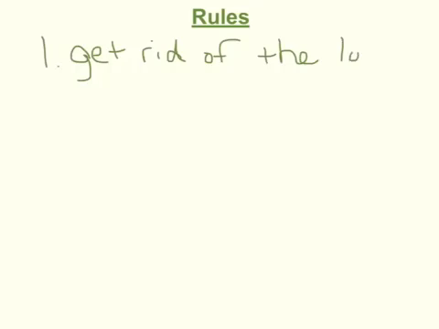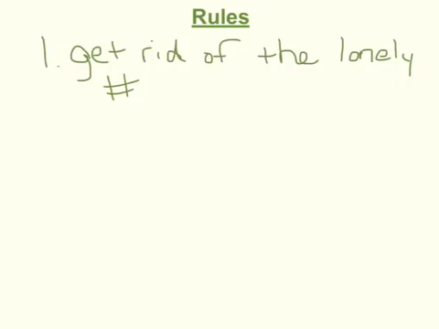Okay? And the biggest problem that kids have when they're trying to do two-step equations is figuring out where to start. Okay, so you're always going to start by getting rid of the lonely number. Okay, so make sure you write that down.